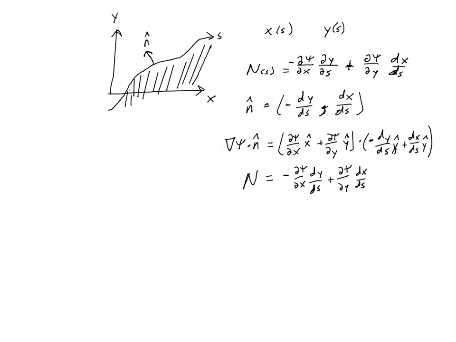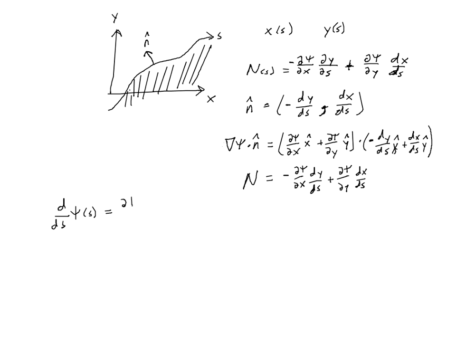So what's happening is then that this is our normal derivative at the boundary. And so if you take d ds of psi of s, then what you're doing is you're taking the derivative of psi with respect to the arc length.